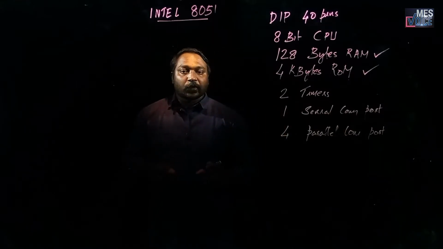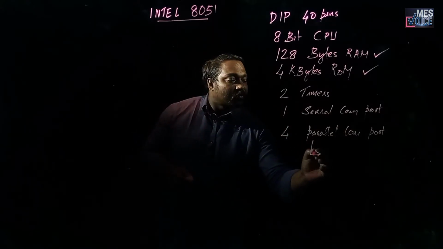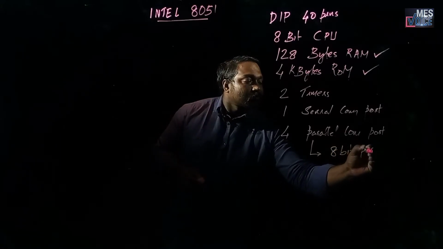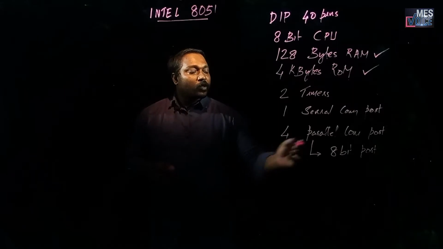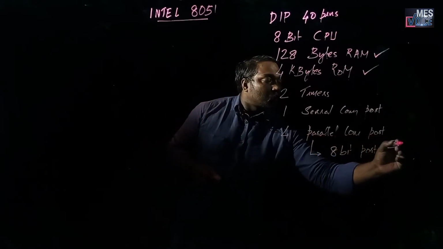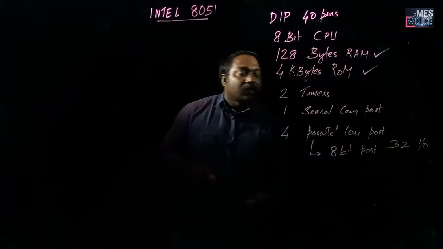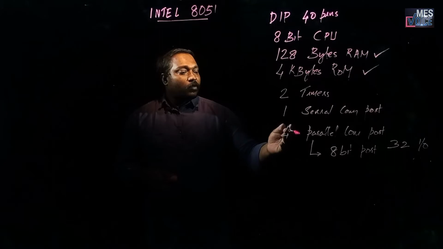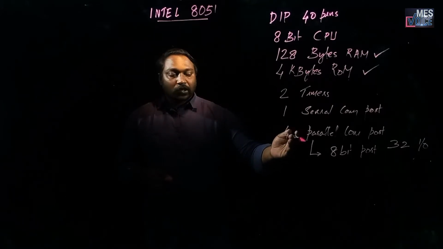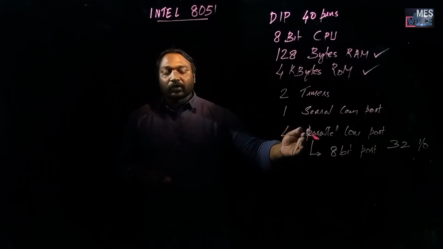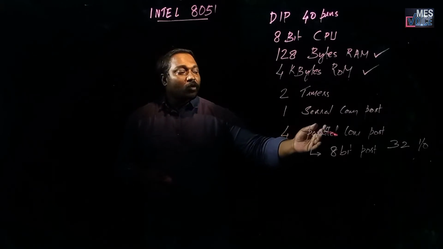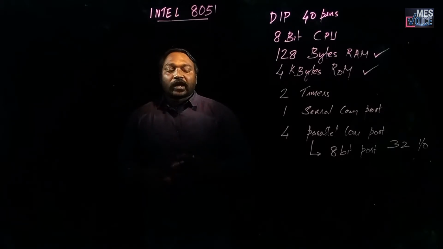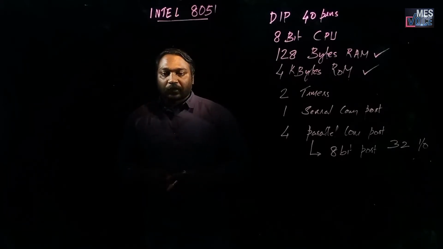These parallel ports are 8-bit ports, so a total of 32 I/O lines can be achieved using this microcontroller. Four parallel input-output ports, each having 8 data lines, give a total of 32 input-output lines.